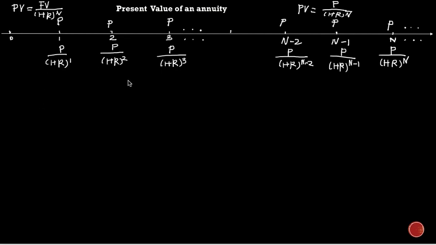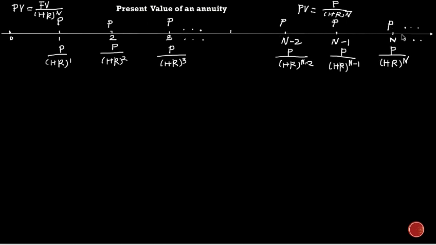In this lecture, we are going to derive the present value of an annuity. Ordinary annuity: for every period, we put P amount of money at the end of every period.